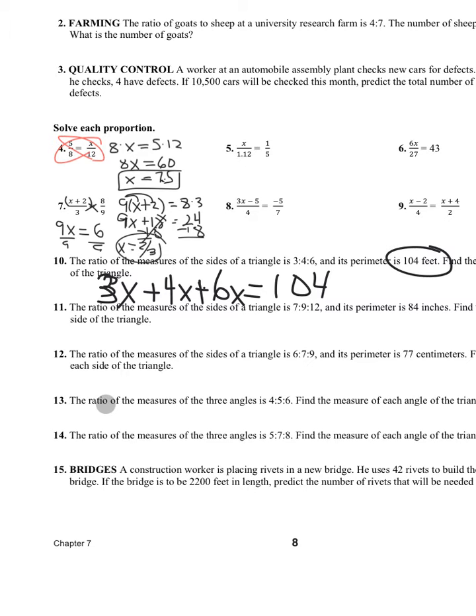If it's talking about angles of a triangle and there's no value, you know that's 180. Add them up. 104 divided by 13 is 8. And then don't forget you got to plug it back in.